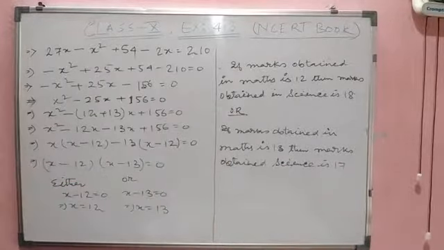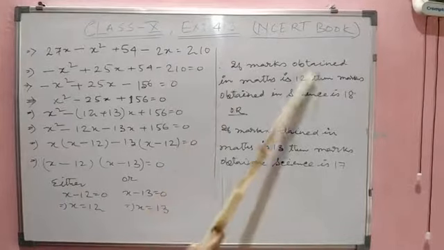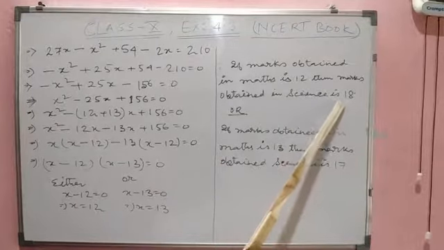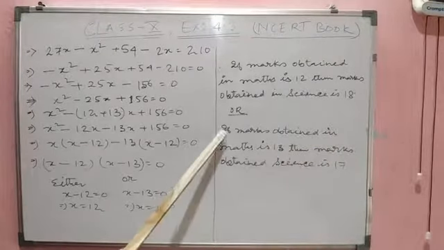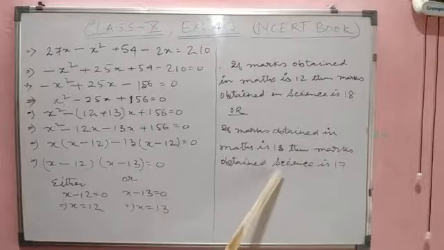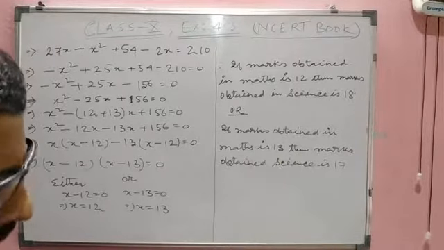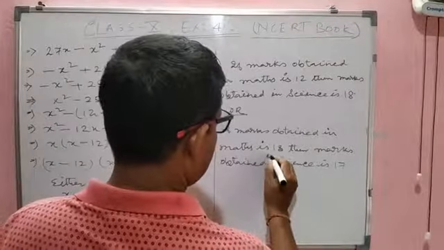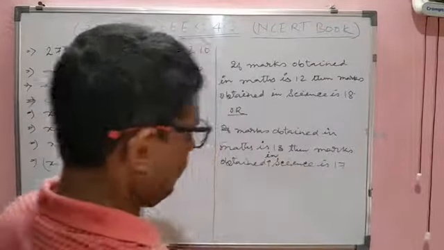So here two cases arise. If marks obtained in maths is 12, then the marks obtained in science is 18. Or if marks obtained in maths is 13, then the marks obtained in science is 17.